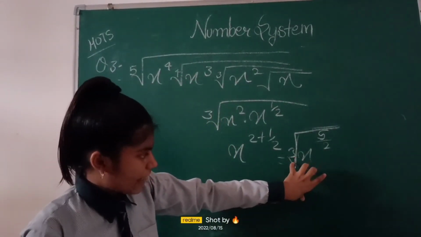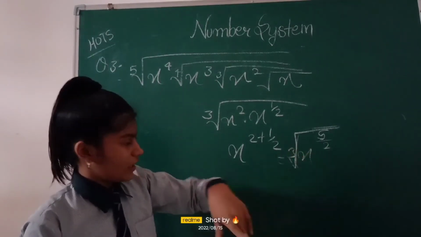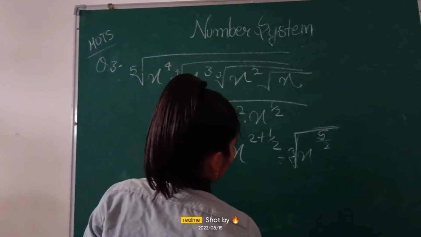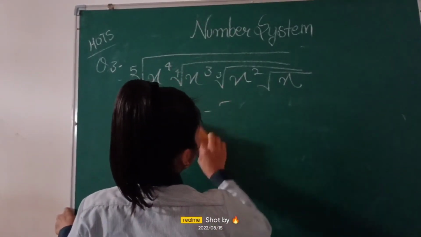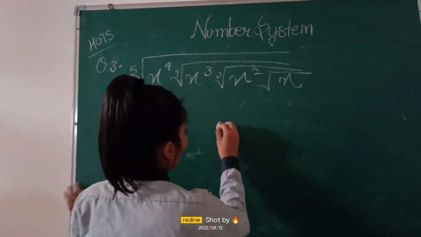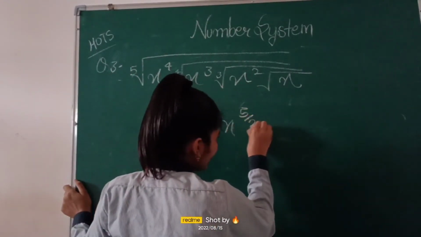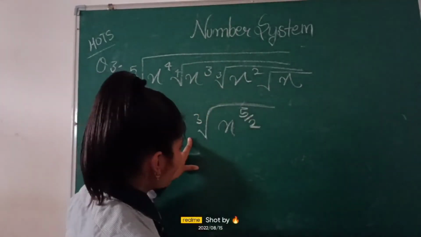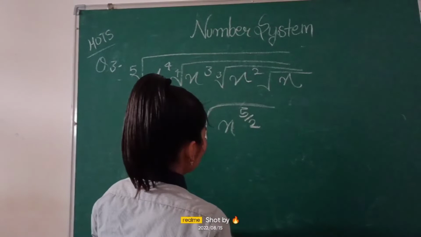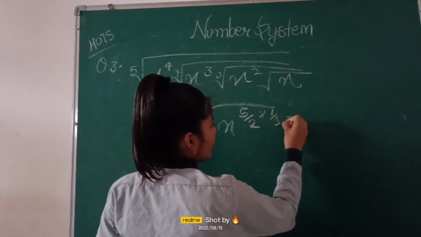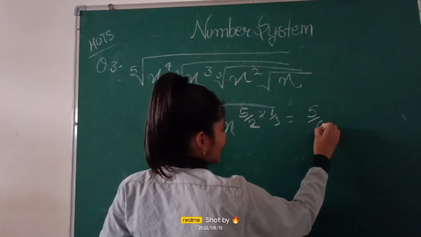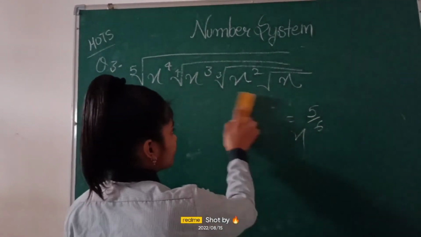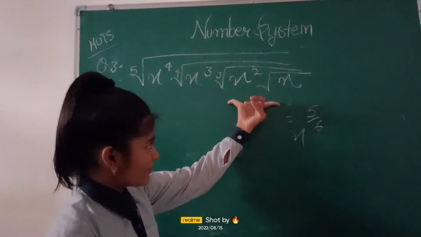We know that if we have any term raised to the power something under a cube root, it will be multiplied by 1 by 3. So what we got now? We got x raised to 5 by 2 into 1 by 3, which is 5 by 6, right? x raised to the power 5 by 6. Then we have solved this much part.